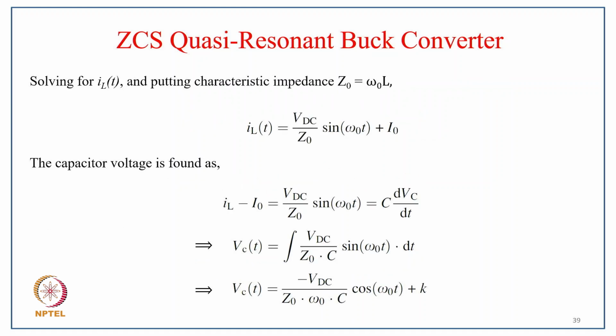So solving for IL and putting characteristic impedance Z0 equal to omega 0 L, that is IL(t) equal to VDC upon Z0 sin omega 0 t plus I0.